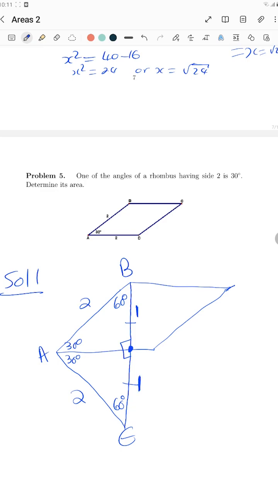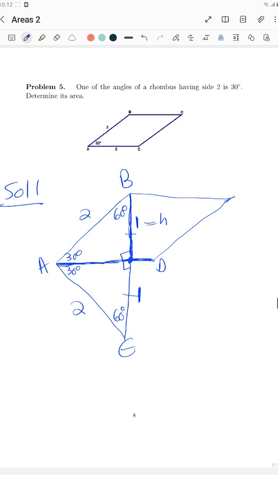So with this magic construction, we are now in a position that knowing that ABCD is a rhombus, we know it's a parallelogram. But more than that, we now know that we have the base, AD, and we have the vertical height from the properties of ABE being an equilateral triangle. So now we get to use theorem 1.